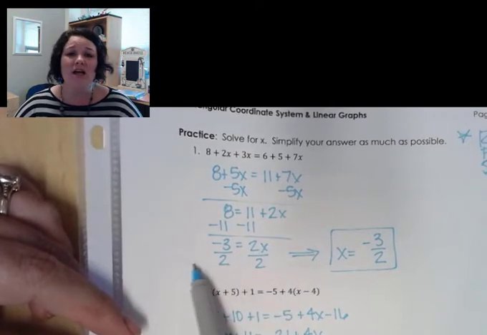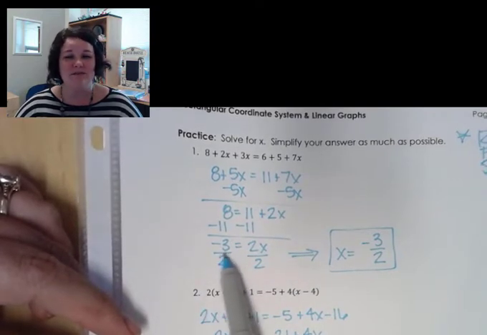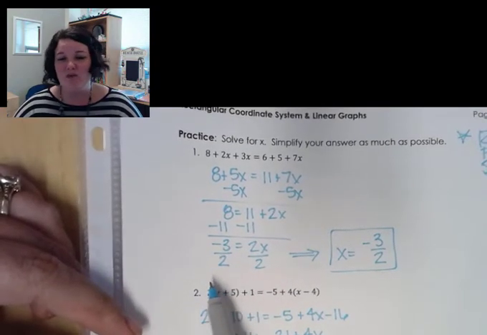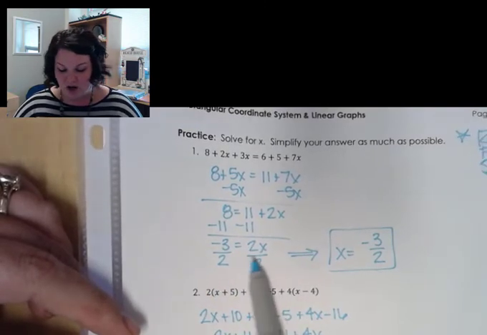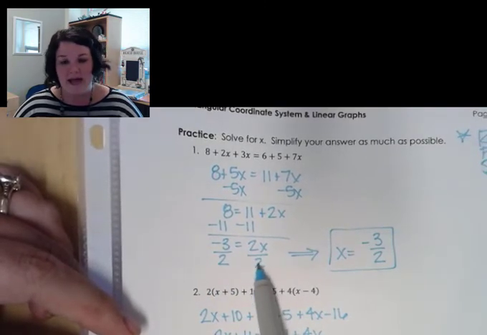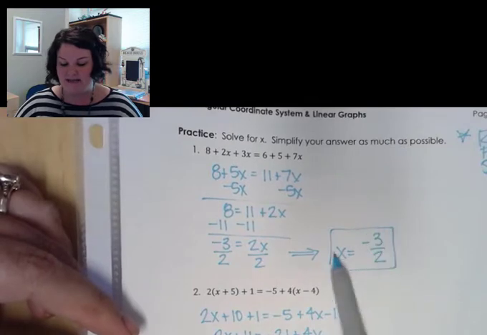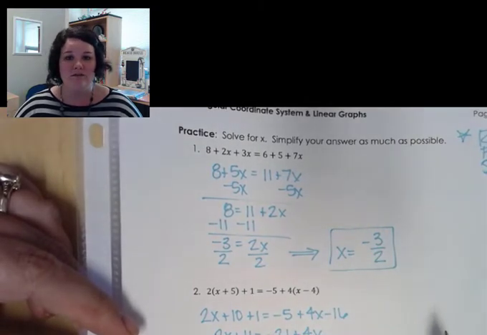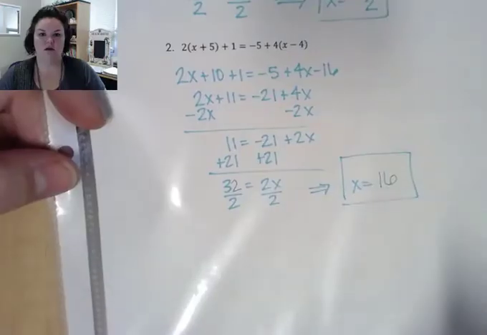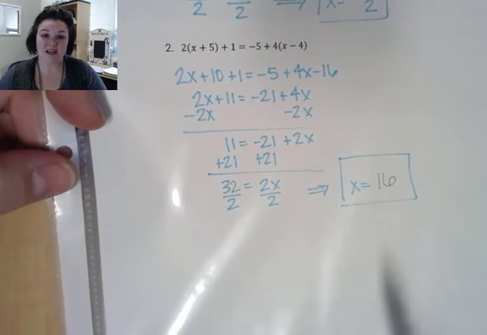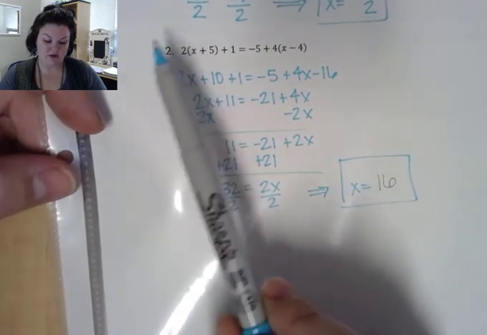If you moved yours to the opposite sides, you probably ended up with a +3 and a -2x. Either way, it's fine. We go ahead and divide off the coefficient of our x, and we should get the answer of x equals -3/2.